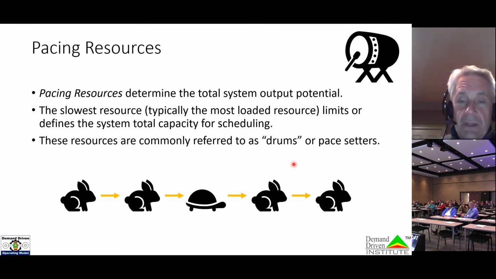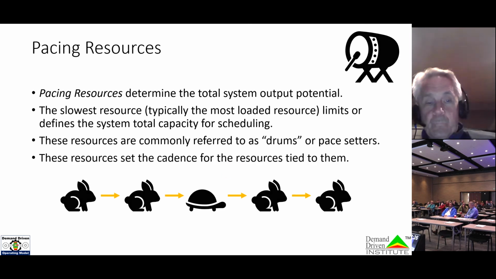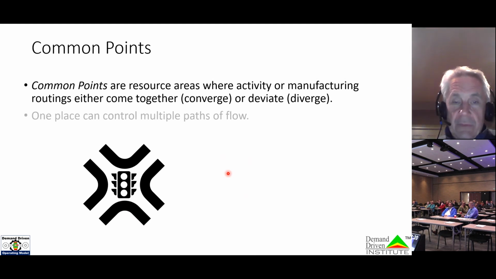They're all relevant concepts within the demand-driven operating model. And these are also going to influence where we may or may not apply stock buffers, because if there's intermediate assemblies that help create and protect that drum resource, those are going to be considered for implementation in a DDOM. Common points. These are points where activities merge, come together, or diverge.